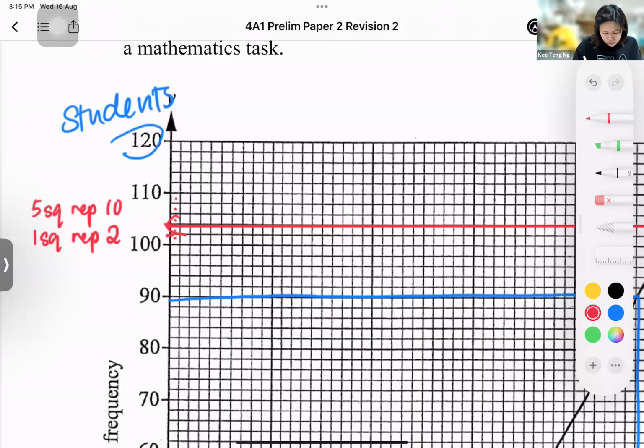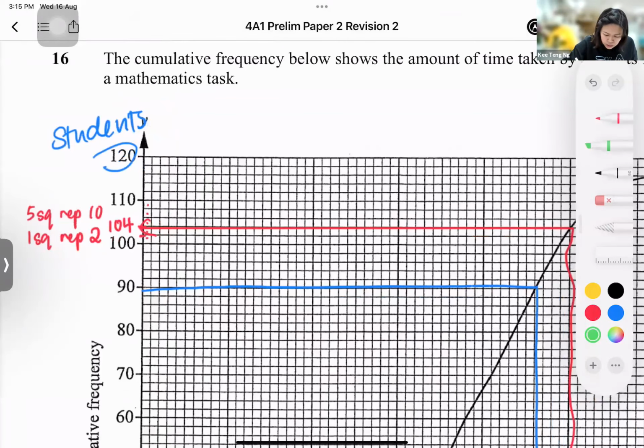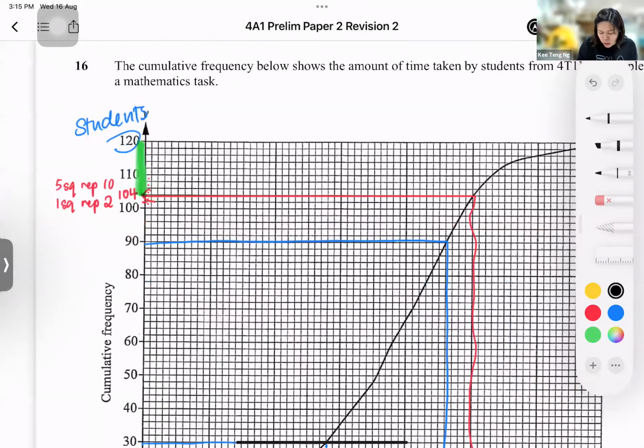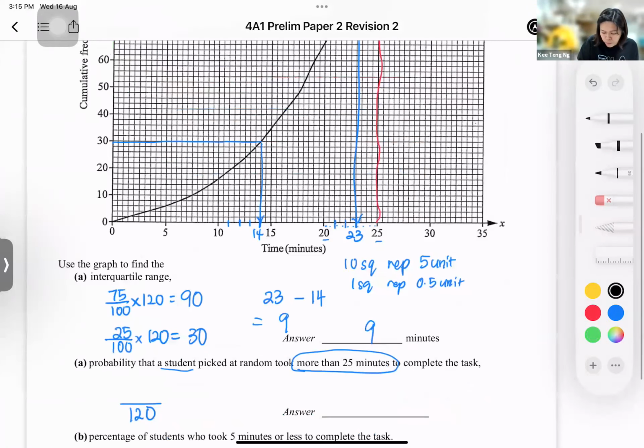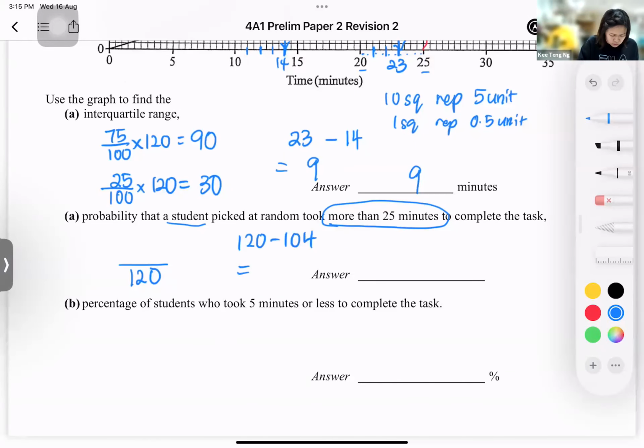In this case, 102, 104. But I want the students who took more than 25 minutes, so I need this group of students. So I need to take 120 minus 104, and that gives me 16 students.